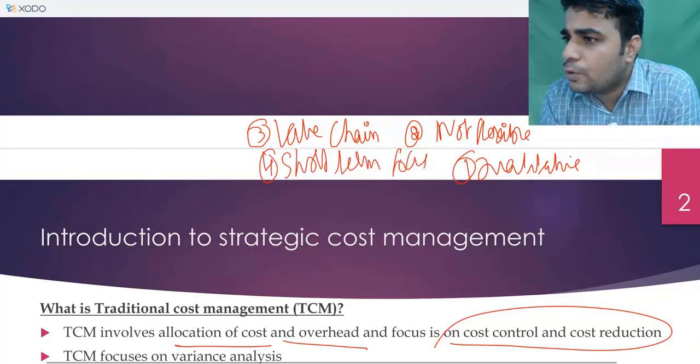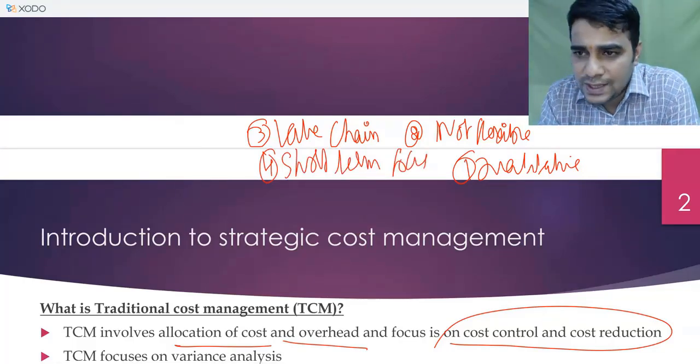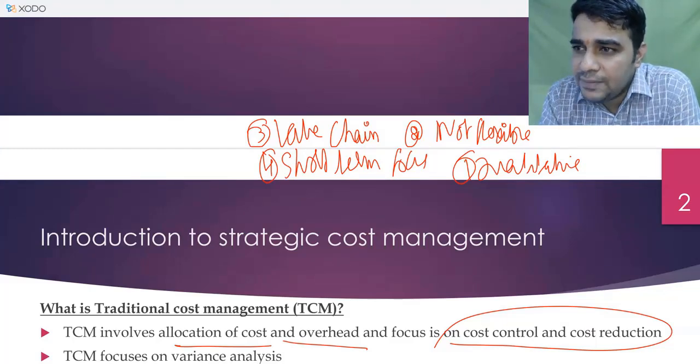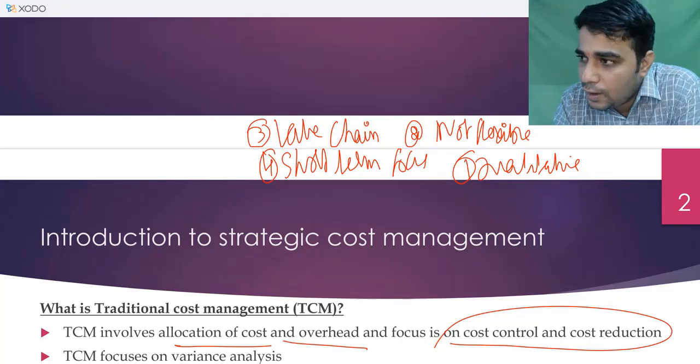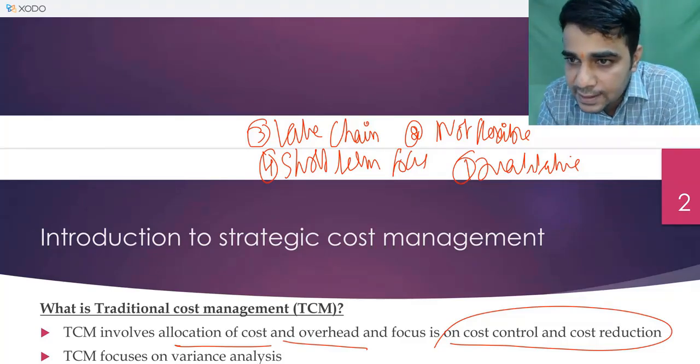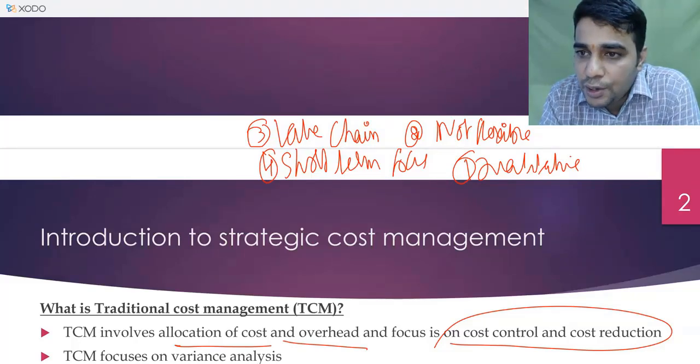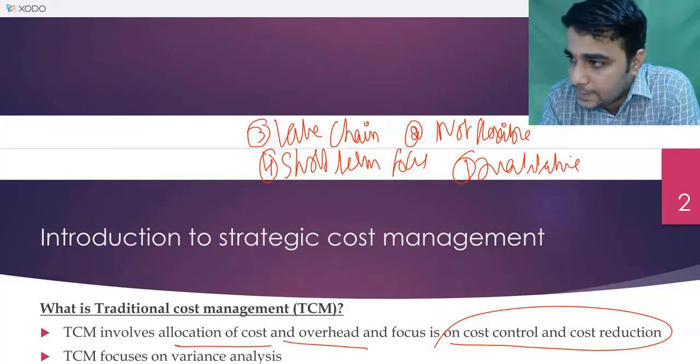There will be undue focus on your cost side. You will focus more on the cost side. Sometimes this can even come at the expense of quality. If it comes at the expense of quality, you are gone in the business, because after some time you may not exist. Quality is something which cannot be compromised in any business.